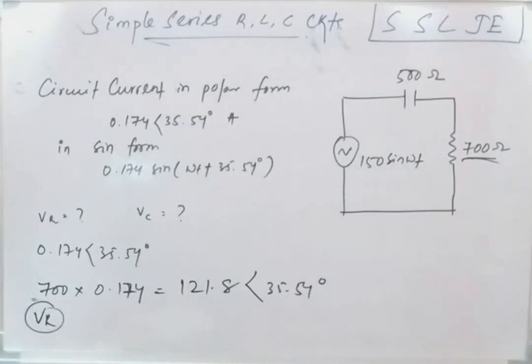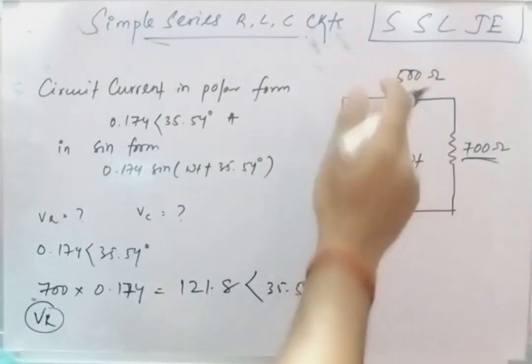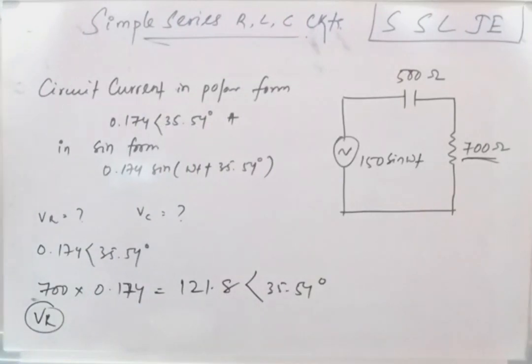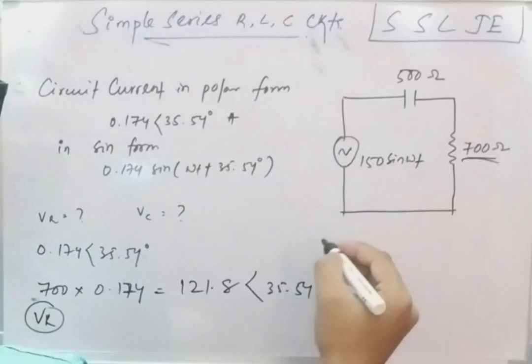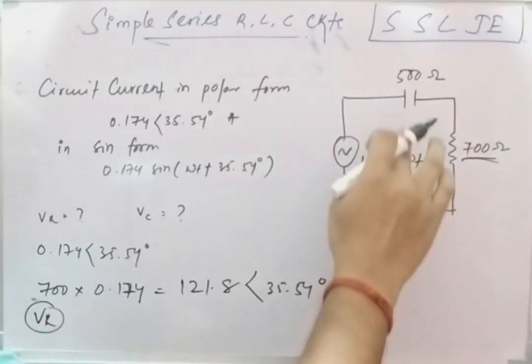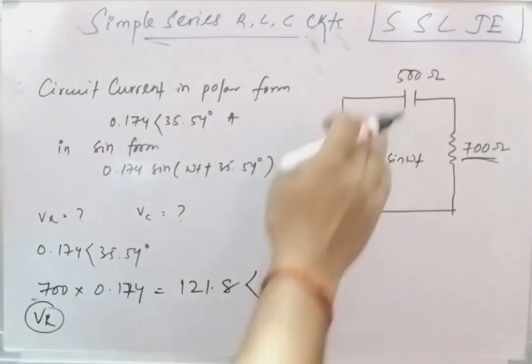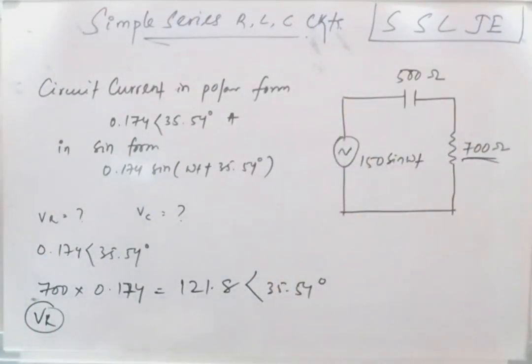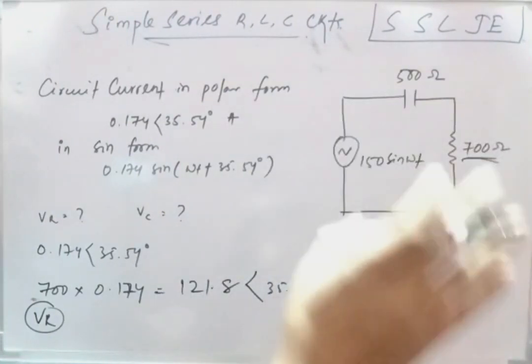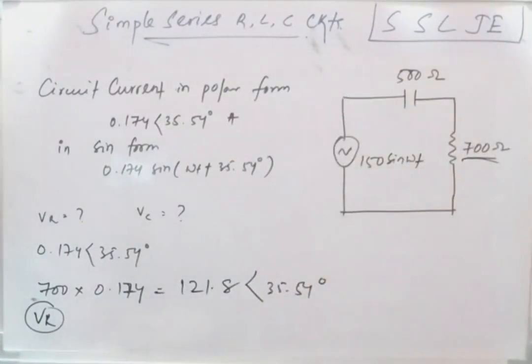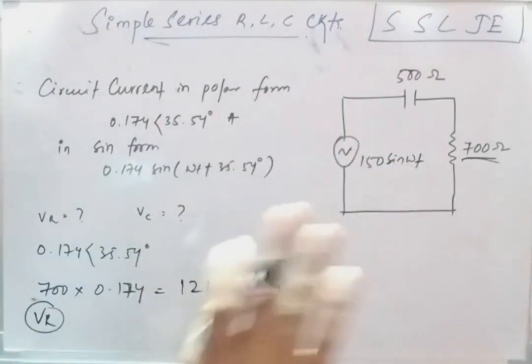And for VC, the reactance of the capacitor is given as 500 ohm. So just multiply the reactance with the current. Before that, you need to know that if there is a pure capacitor in the circuit, current leads voltage. That means voltage lags current by 90 degree.